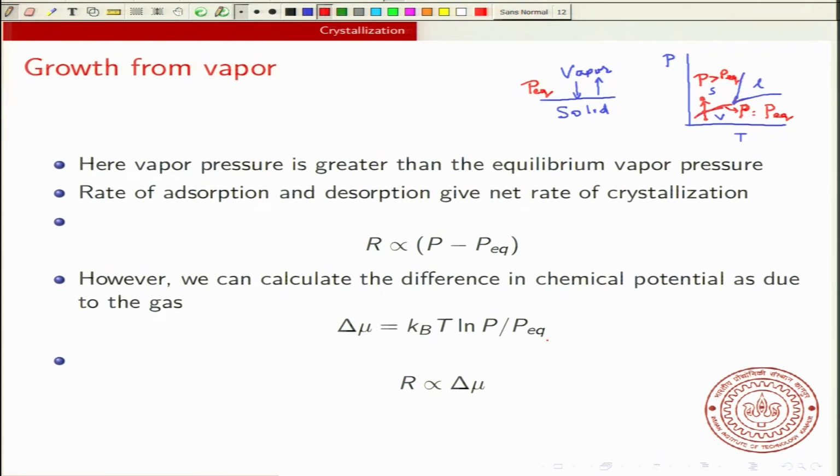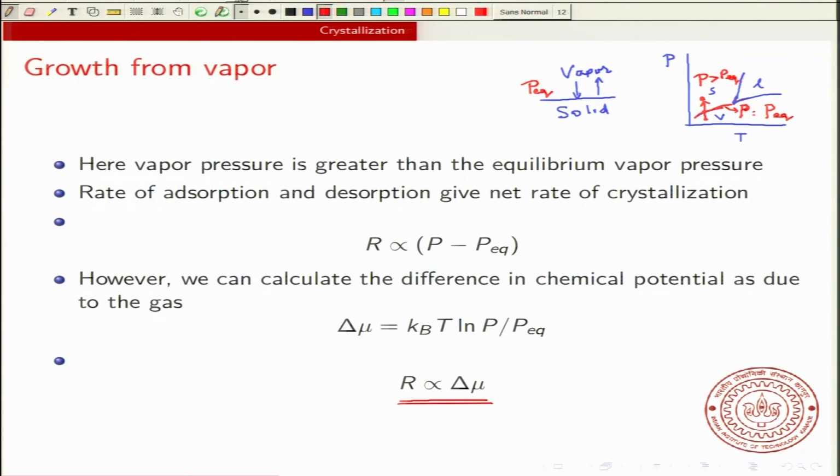In this case also the rate can be written as approximately proportional to delta mu for pressures close to P equilibrium. So again we see that the driving force, or the rate of crystallization, depends on this difference in chemical potential, and the difference in chemical potential can be calculated from the difference in pressure.